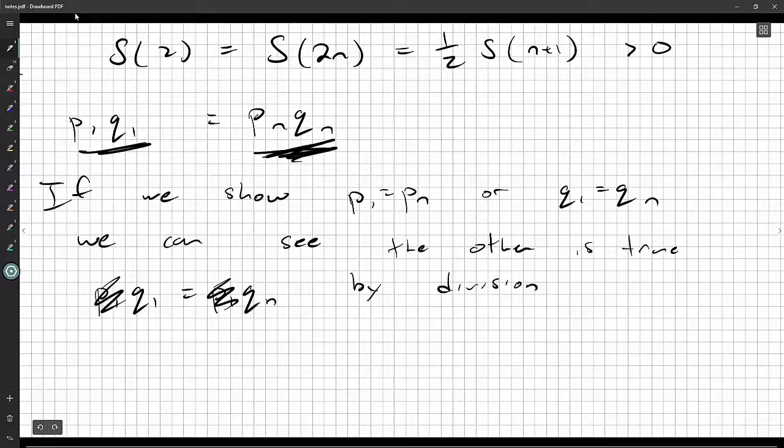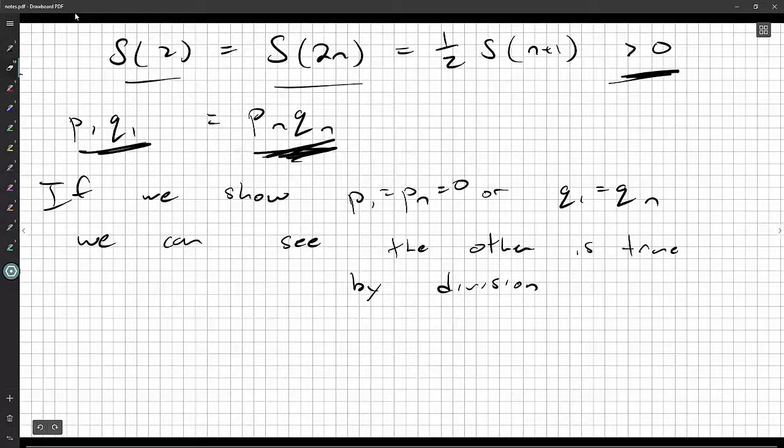Now you might say, well, hold on, what if P1 and Pn are both 0? Because then you can't divide by 0 and have these things be equal, but if they were 0, you wouldn't have greater than 0 over here. These amounts wouldn't be positive, they'd be equal to 0. So we'll say the other one is true by division.